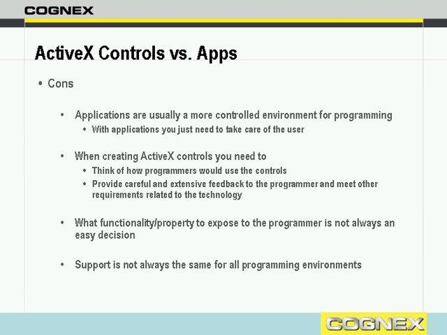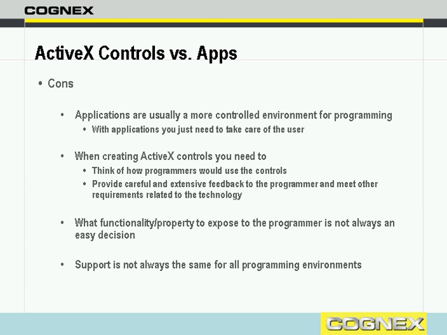Another disadvantage is that support is not always the same for all programming environments. We'll talk a little bit more about this later on, but I'll quickly say that the ActiveX controls, all three of them, were developed in Visual Basic 6.